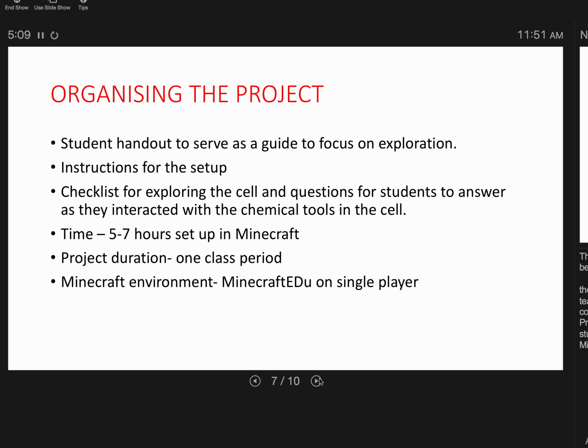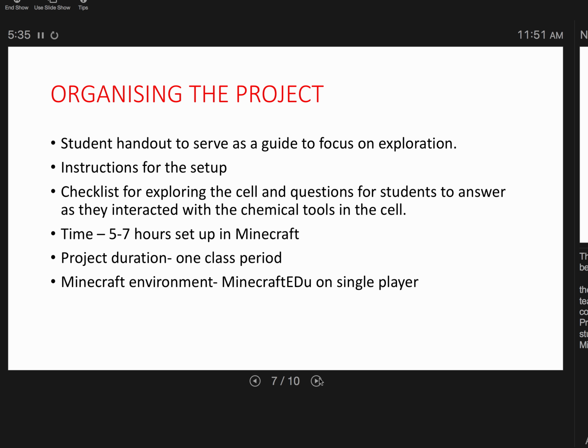And then organizing your project, he had handouts that acted as a guide for explanation, and he had questions on them so he could sort of assess through the project, and instructions for how to set up. So they had decided to do it as a single user, and they then had to download this into Minecraft Education.